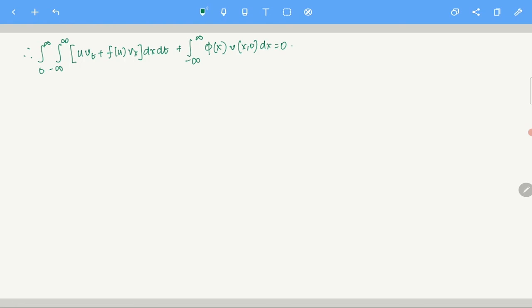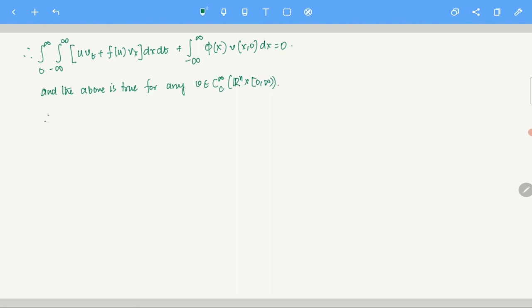So this relation is true for any v, so here and the above is true for any v in C infinity with compact support of R^n cross (0, infinity).